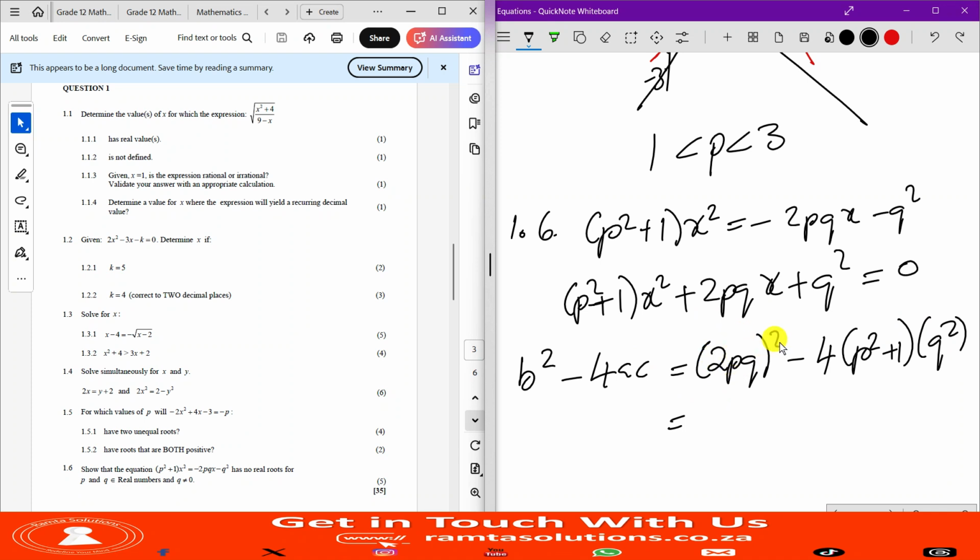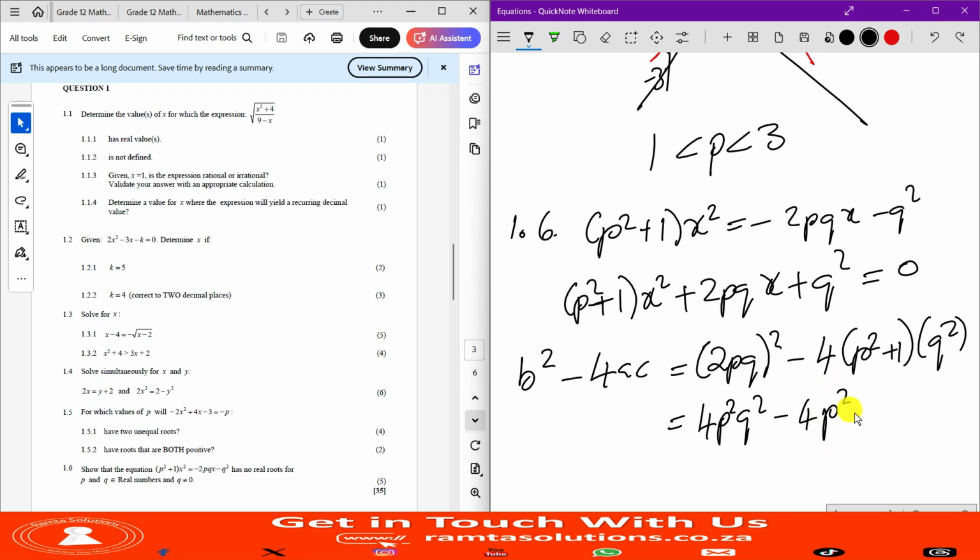So let's see now. 2pq times itself will be 4p squared q squared. Minus 4 times 1 is minus 4, times q squared will be minus 4q squared.